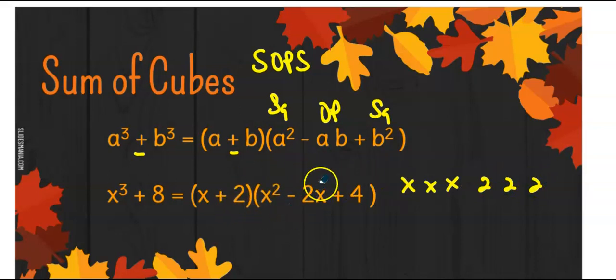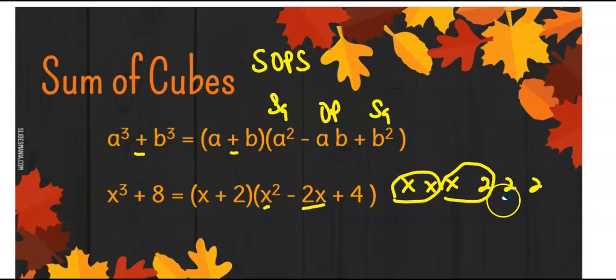Now to get the components of my trinomial, I can circle pairs. x times x gives me x squared. I know this has to be minus because we have a sum. Now x times 2 is 2x, and 2 times 2 is 4, with this last term of the trinomial always being plus.